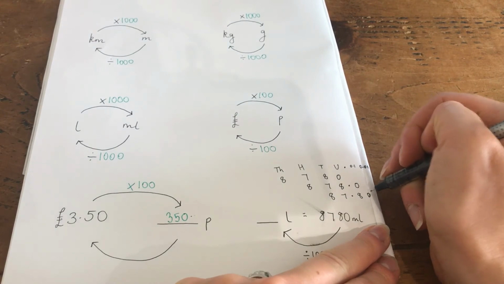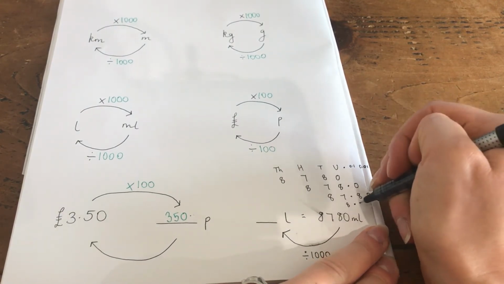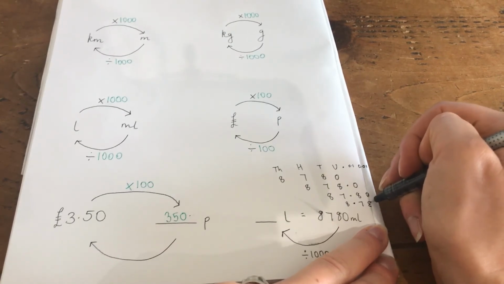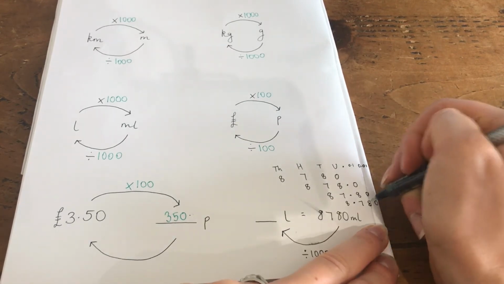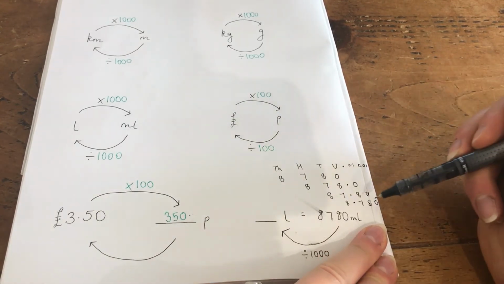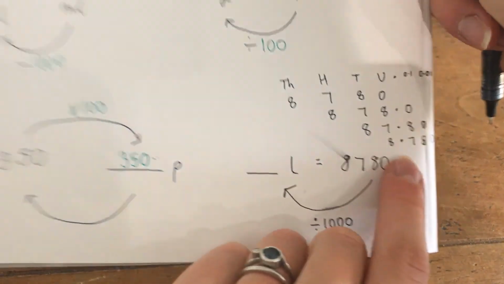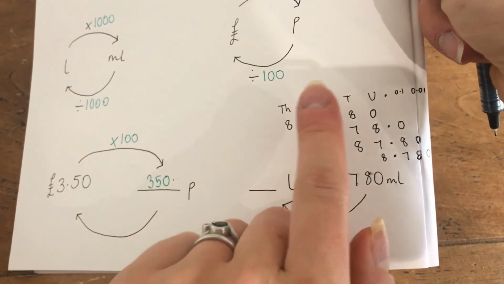If there's a 0 right on the end, we don't need it, but we need to do one more place. 8, 7, 8. And then the 0 again is right off the end, so we don't need that 0. So we're actually left with 8.78. That was moving it along 3 spaces.